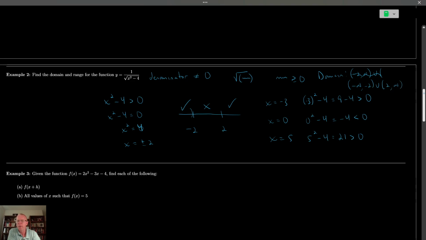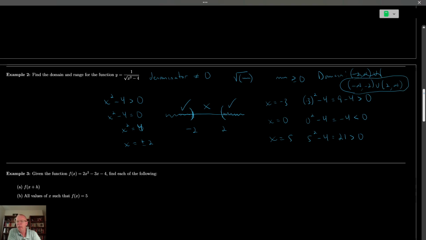I did that interval backwards at first. All of these numbers stop here. We don't want it to equal 0. If x is -2, then that bottom is 0. That's no good. All numbers in between would be negative. That's no good. And if x is 2, that also gives us 0, which is no good. So then we want all of these also: negative infinity to -2, union 2 to infinity. And that is our domain.